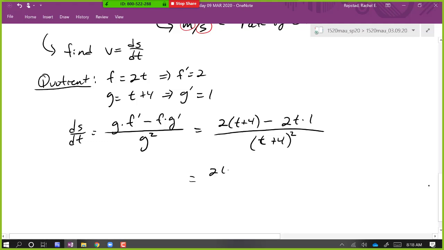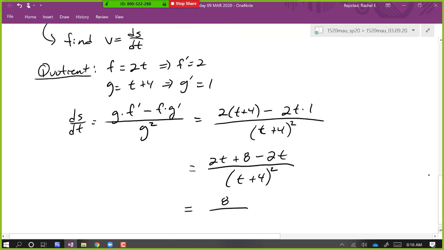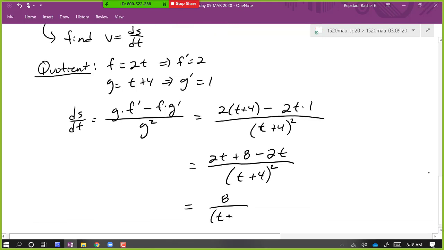So we get 2t plus 8 minus 2t. And if we combine like terms, then up top we just have 8, the constant 8. So this is our ds dt, or our velocity function v of t. Oh, I dropped my exponent, t plus 4 squared on the bottom.